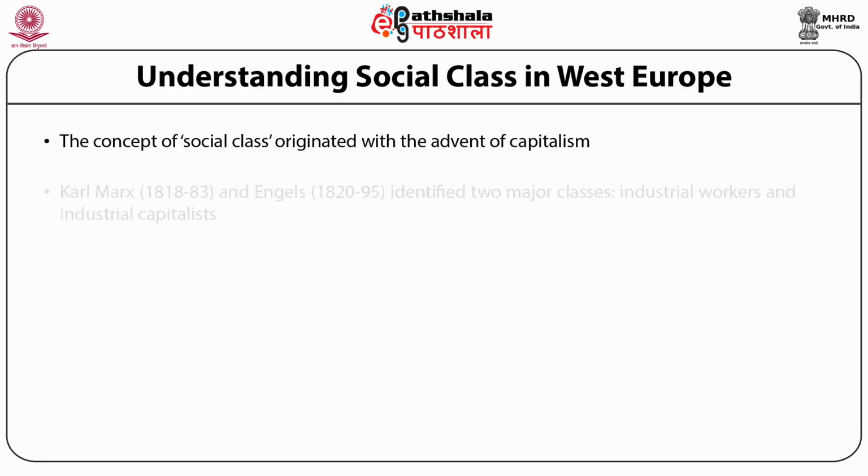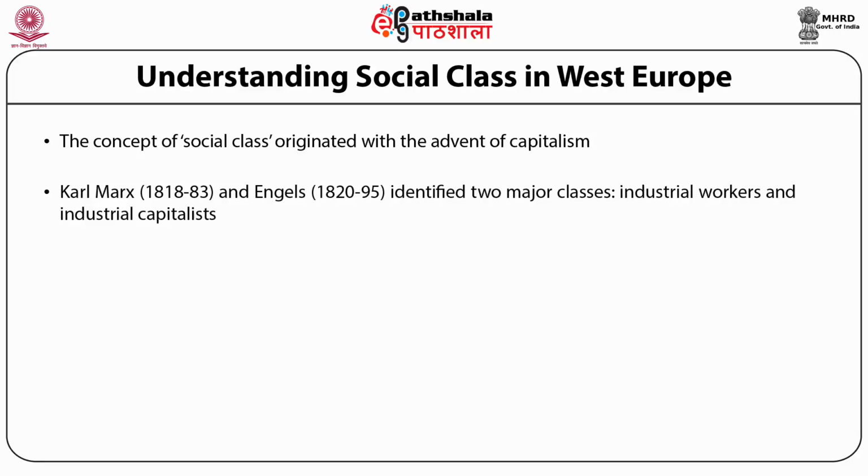To begin with, Karl Marx and Engels were the two scholars to identify two major classes that emerged from the Industrial Revolution. And these classes are the industrial workers, who are normally referred to as the proletariat class, and the industrial capitalists, who are normally called the bourgeois class.